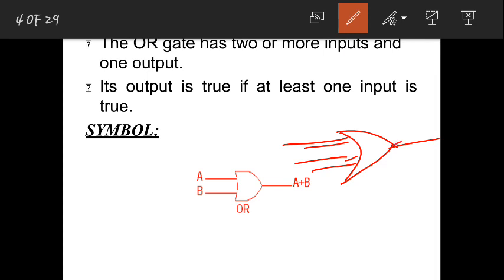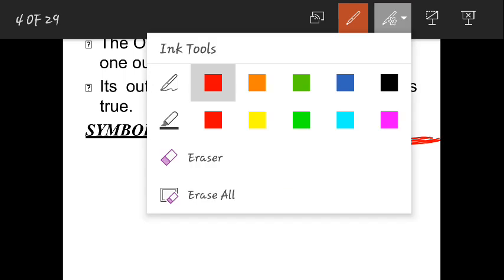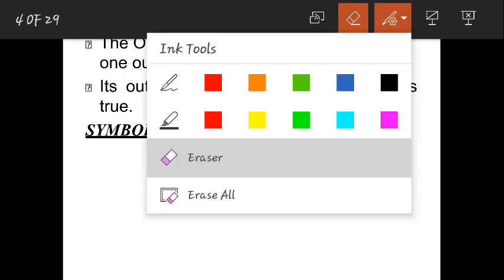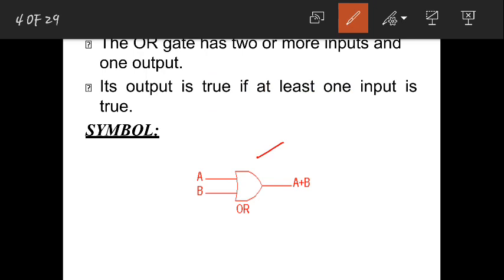Next, this is the output of the OR gate. If you give any input values here, 0, 1, 0, whatever you want, depending on that you will get an output. Now the same symbol is given here with 2 inputs and 1 output. I am giving A and B, two variables.